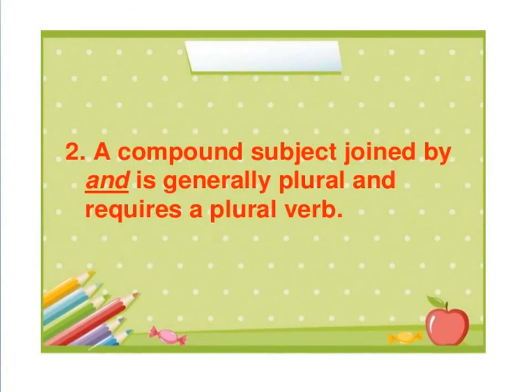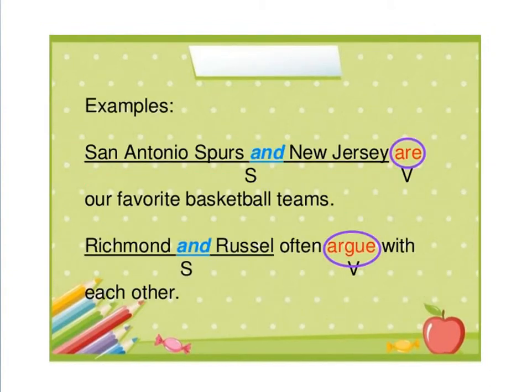The second rule is that a compound subject joined by and is generally plural and requires a plural verb. That is, a compound subject which is joined by and requires a plural verb always. Let's take an example.